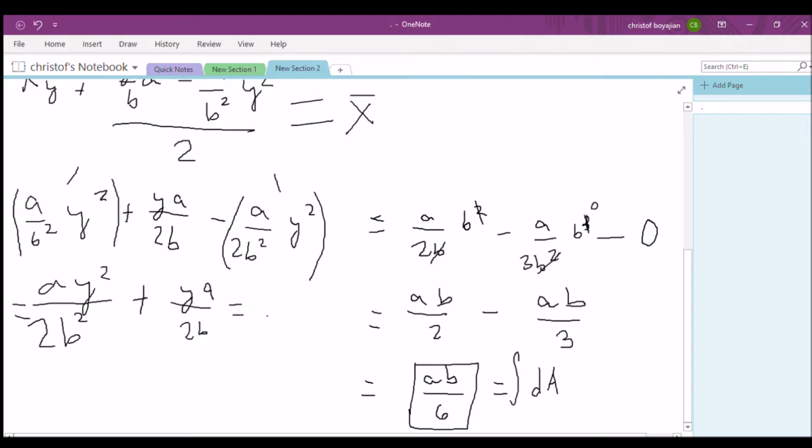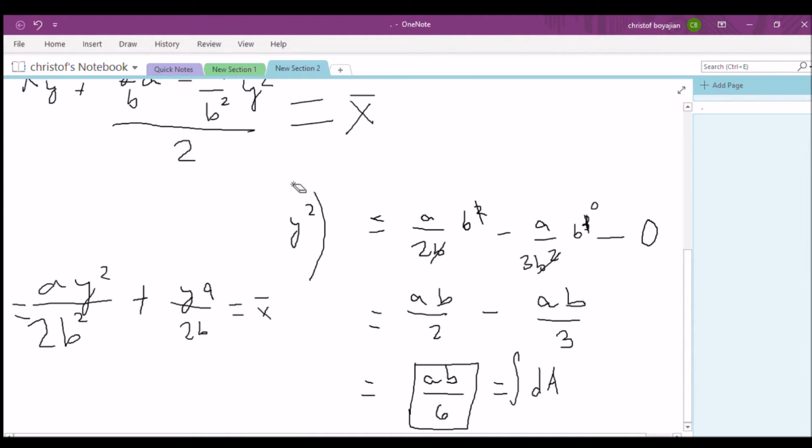Don't forget, I'm going to write that here again. Now I'm going to erase this a little bit. So now let's go ahead and solve for our x coordinate of the centroid. All right.